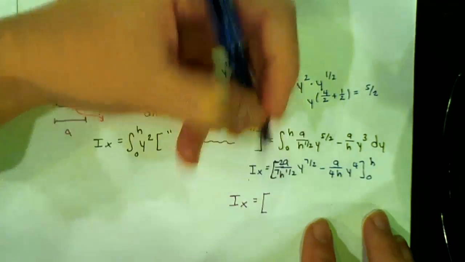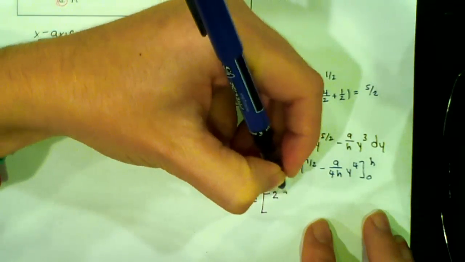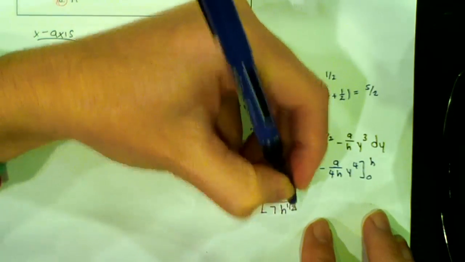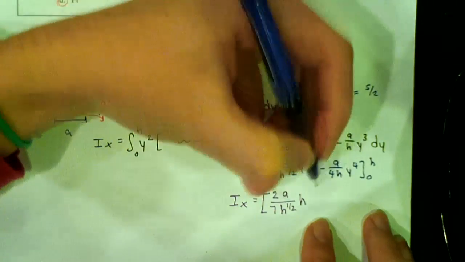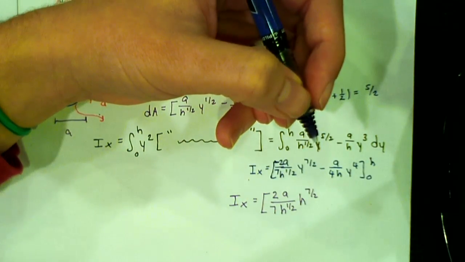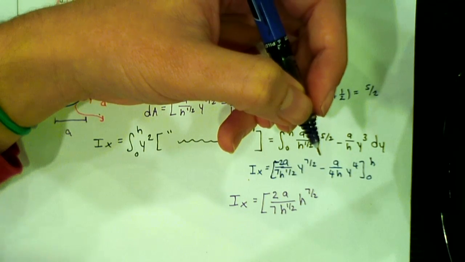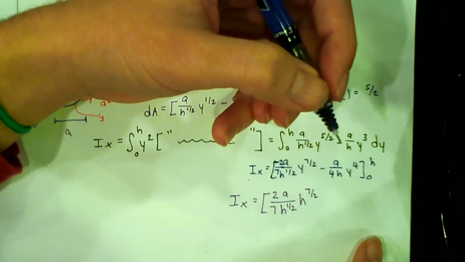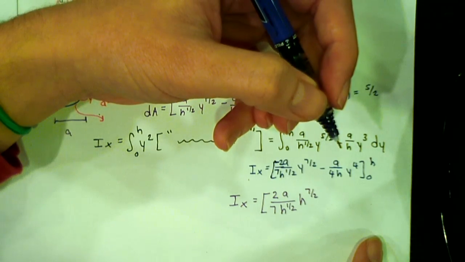So Ix is 2a over 7h to the 1/2 times h to the 7/2. So what happens to that? Gives h to the 3. Does everyone agree? Okay, good.